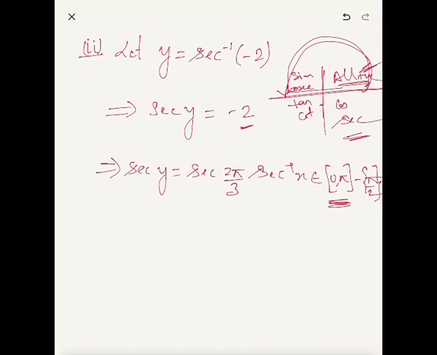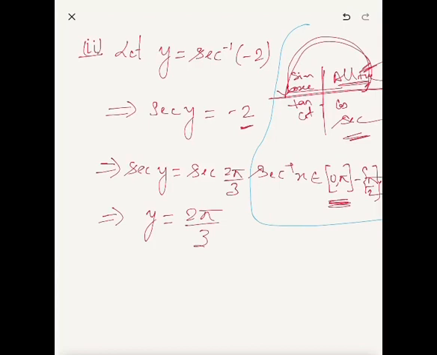So from here you can say y is equal to 2 pi by 3. Sec 120 is minus 2 because it is in the second quadrant, you will get minus.